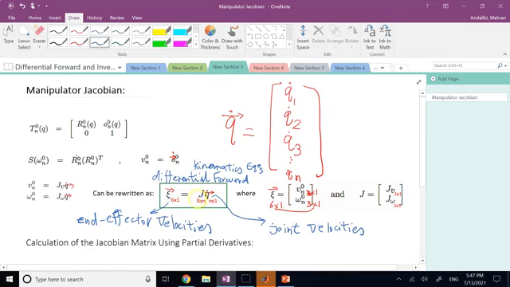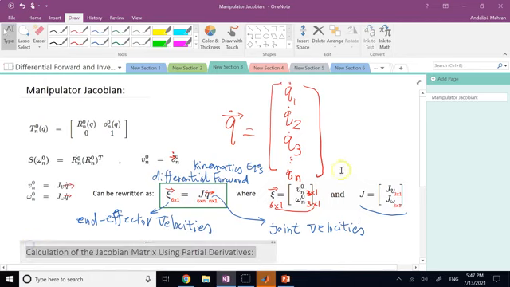And this matrix that relates these two important vectors together, the joint velocities and the end effector velocities, this matrix J is what we call the Jacobian of the end effector. So here we learn about some terminologies, correct?